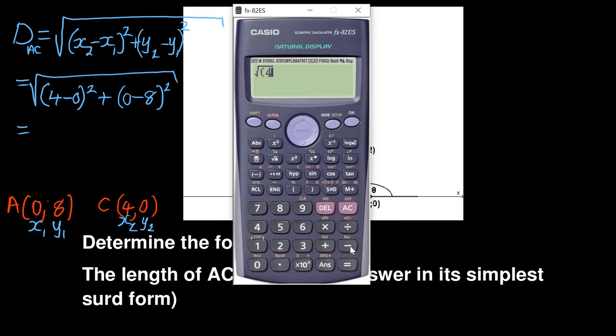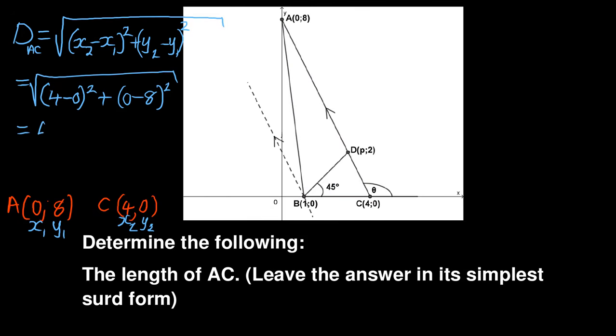So it will be 4 minus 0 squared plus 0 minus 8 squared. So this is what I have, and you can see that the calculator automatically gives me the simplified surd form, which is 4 root 5. So my answer then in its simplest surd form is 4 root 5 units. So this is the distance that they wanted, to find the length of AC.